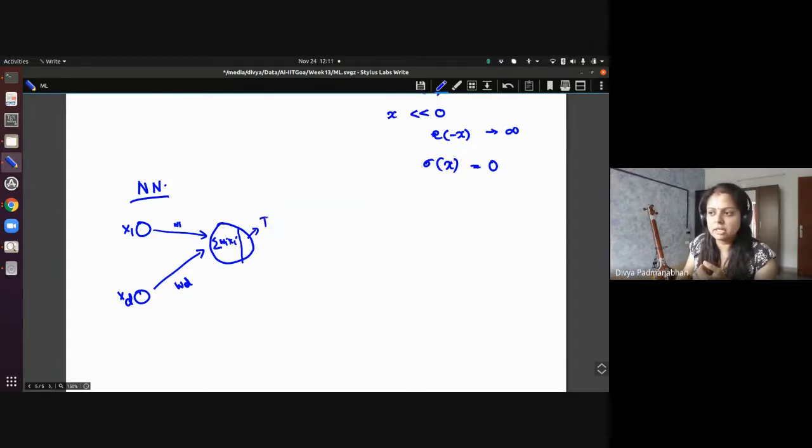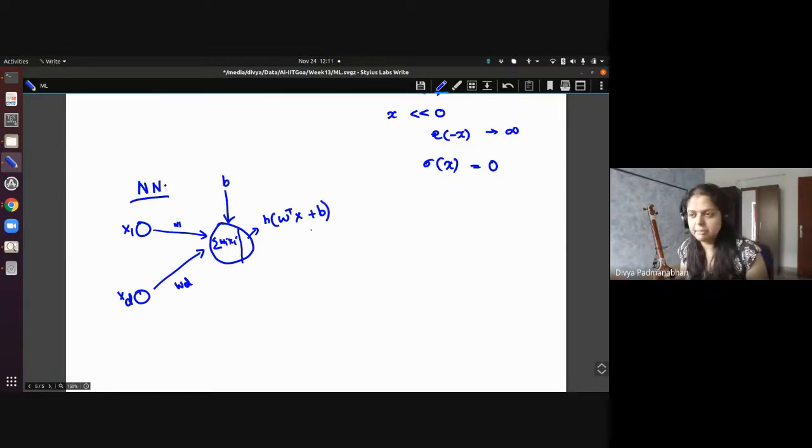So then there was a threshold, so some function h that you applied. So h of w transpose x, and of course there was a bias that you could add, so w transpose x plus b. So this is what you did in perceptron.